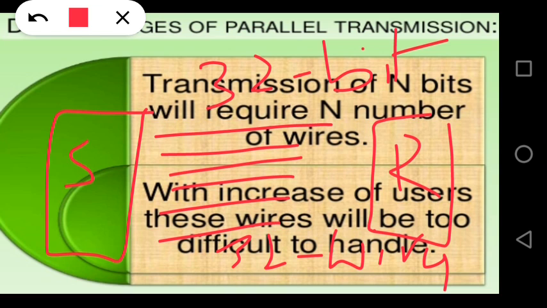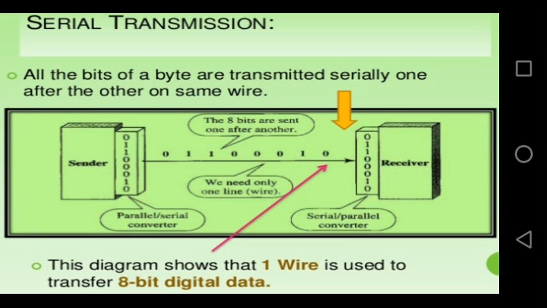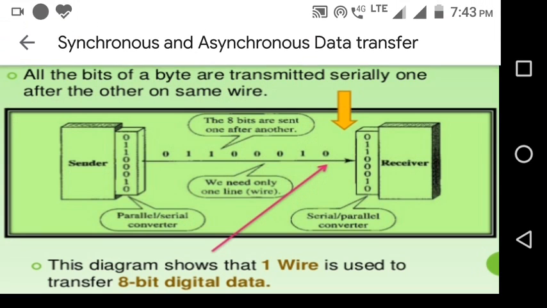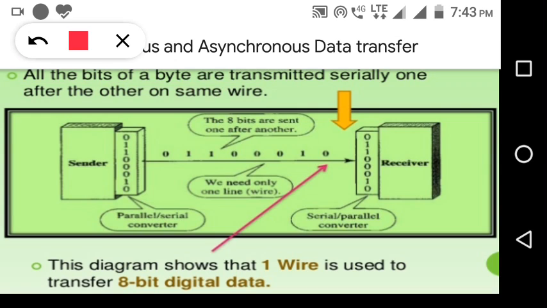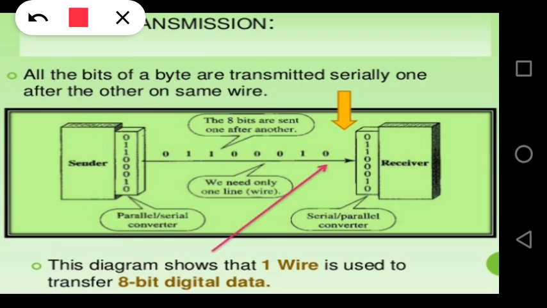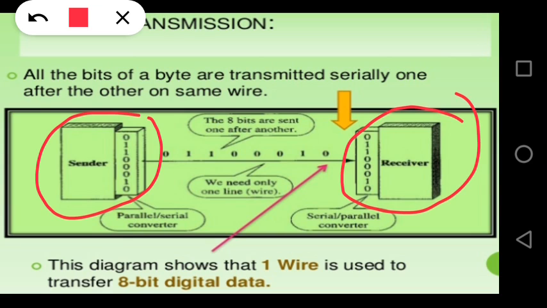So the solution is serial transmission. In serial transmission, all the bits of a byte are transmitted serially, one after the other, on the same wire, a single wire. So this is my sender and this is my receiver, and again the sender wants to send 8 bits of data.